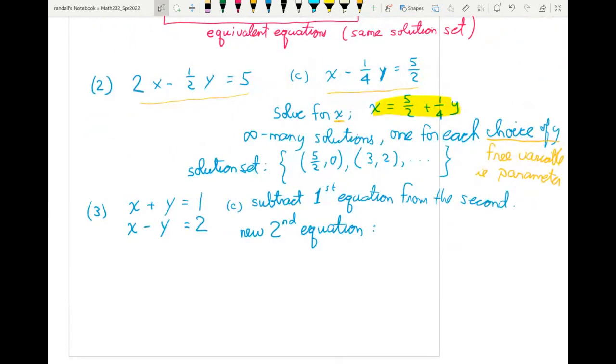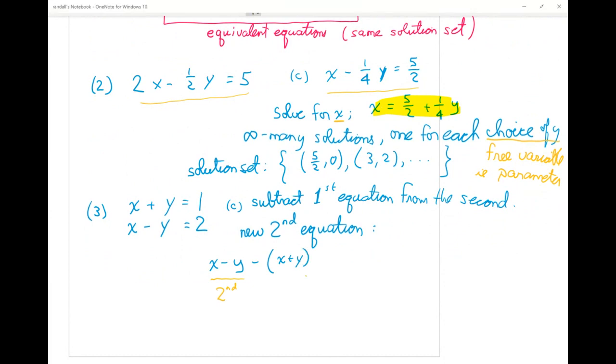There's the left-hand side of my second equation. That's the second equation. And then I'm going to subtract from it the left-hand side of the first equation, so minus x plus y.